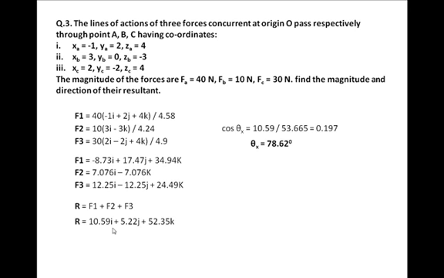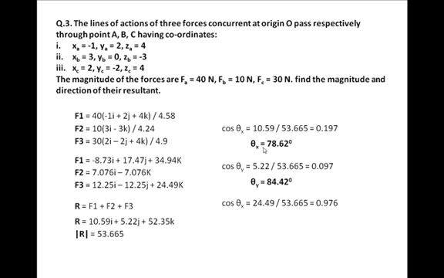The magnitude is 53.665, and then for each of the angles, you can find 10.59 upon 53.665, cos inverse, you get theta x. Similarly, you will get theta y, and similarly you will get theta z.